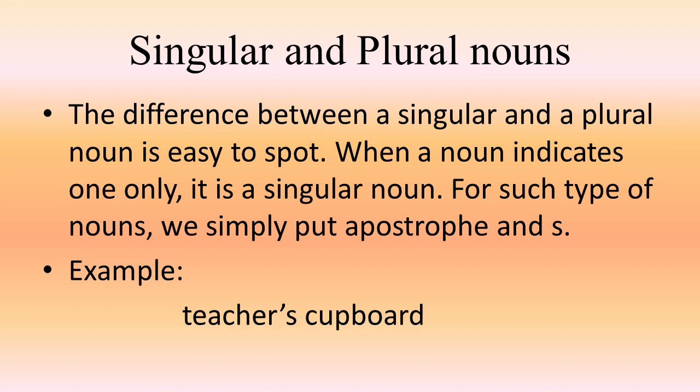But I just want you all to revise with me the difference between a singular and a plural noun, which is easy to spot. When a noun indicates one only, it is a singular noun. For such type of nouns, we simply put apostrophe and s.